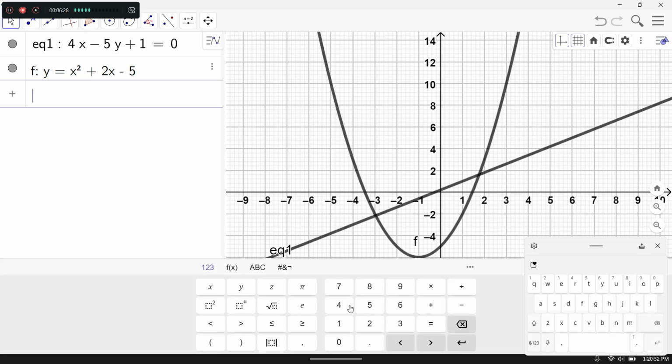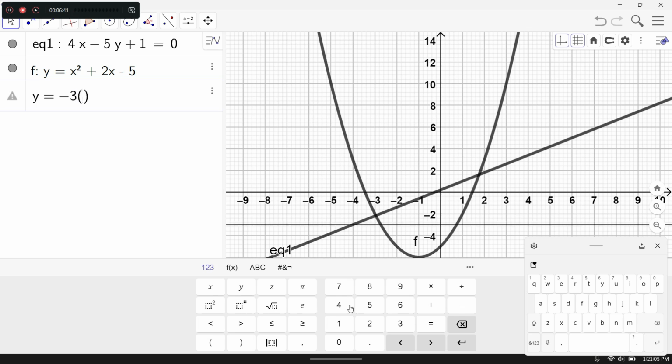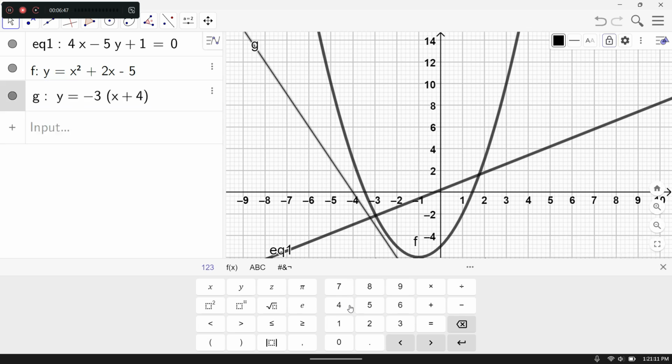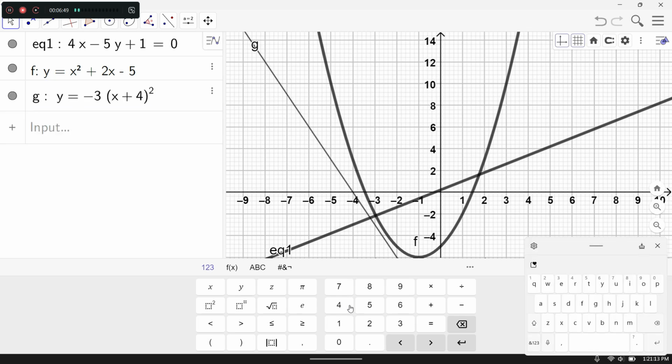Now what about if we have a vertex form? Let's start with y equals negative 3 times x plus 5. Let's change that to 4 squared minus 1.